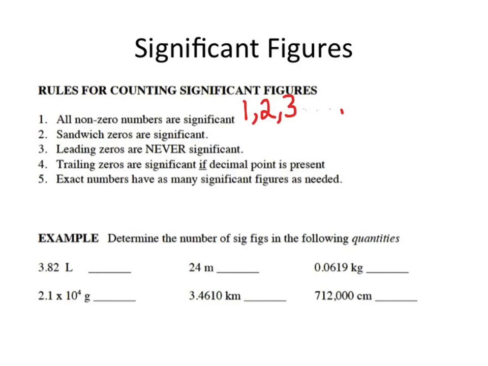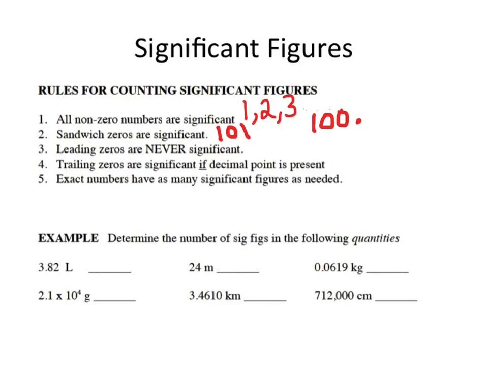A sandwich zero is one that's caught. It can't move anywhere. So 101, it's sandwiched. 100. with that decimal there, do those zeros count? Yes. Why? It's sandwiched. That decimal has captured it and sandwiched it.